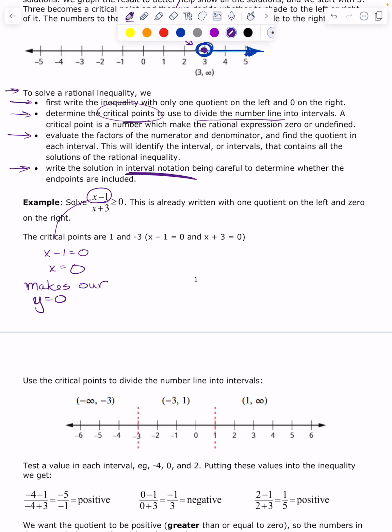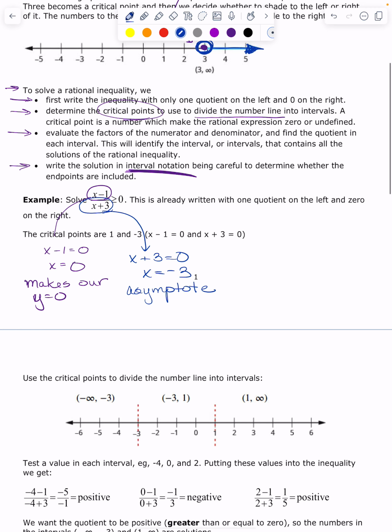Anything that makes the denominator 0 means we cannot use that value and we've got an asymptote. Okay. These are the two places that our function can change values. And that's why we're calling those our critical points.